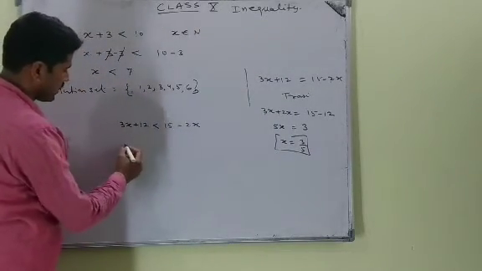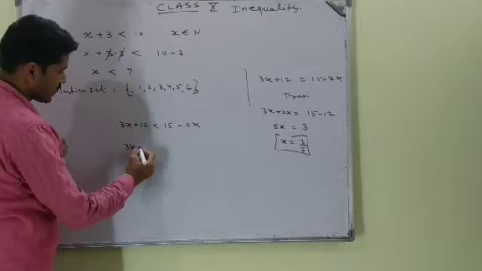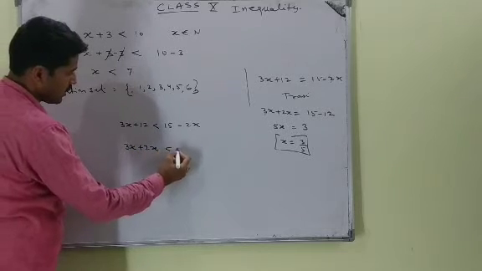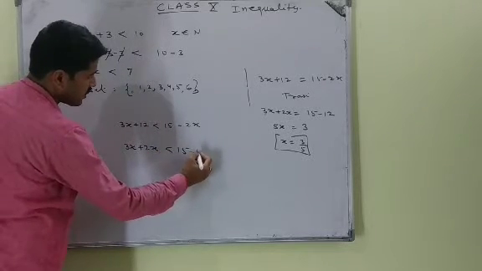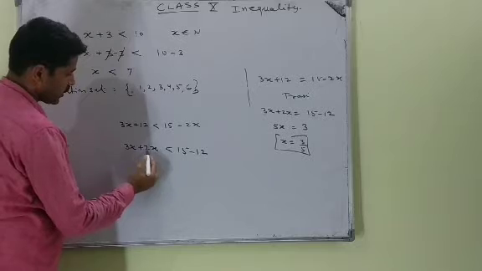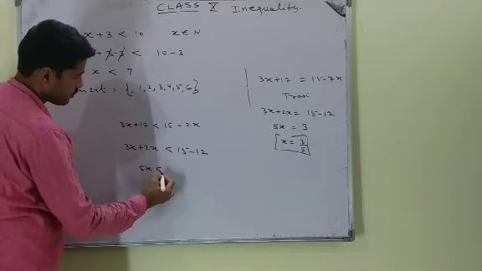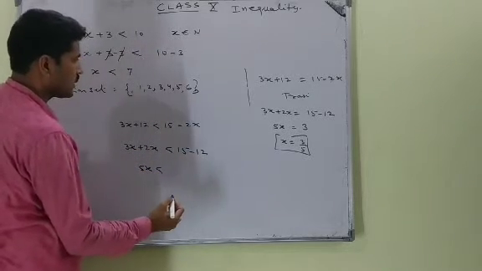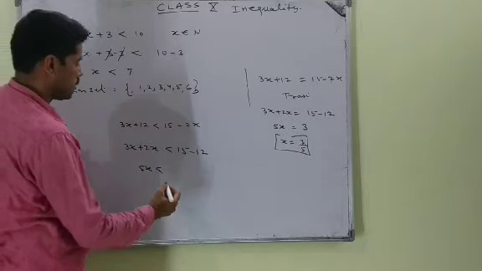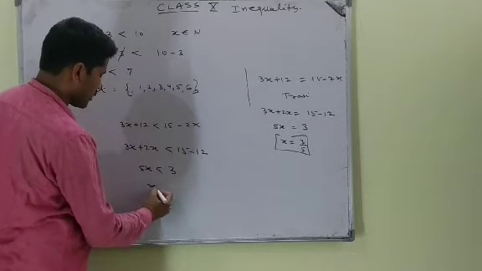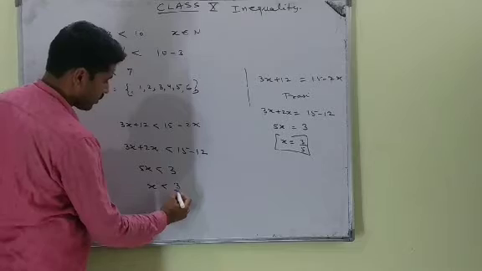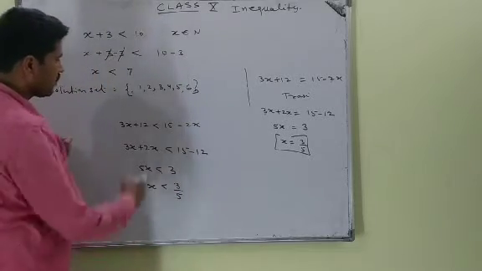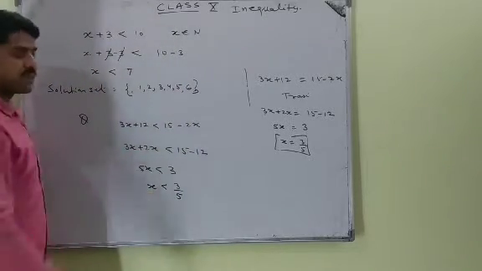So how will you solve? 3x plus 2x, 15 minus 12. What is this? 5x less than 3. So x is less than 3/5, or you write 0.6. But here it is not given what x is.